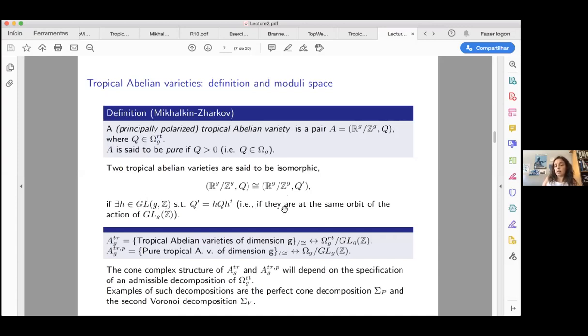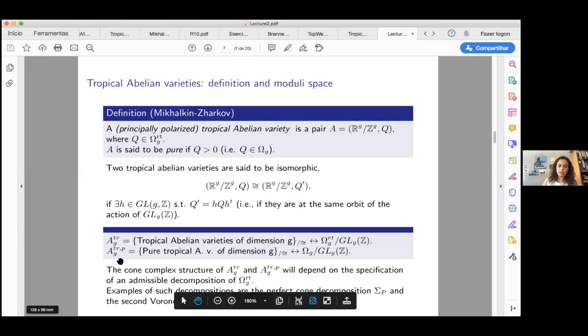Meaning that the two quadratic forms that define our two tropical abelian varieties are in the same orbit of the action of GL_g(Z). So as a set, the moduli space of tropical abelian varieties of dimension g up to isomorphism is in correspondence with our cone Omega G rational divided by the action of GL_g(Z).